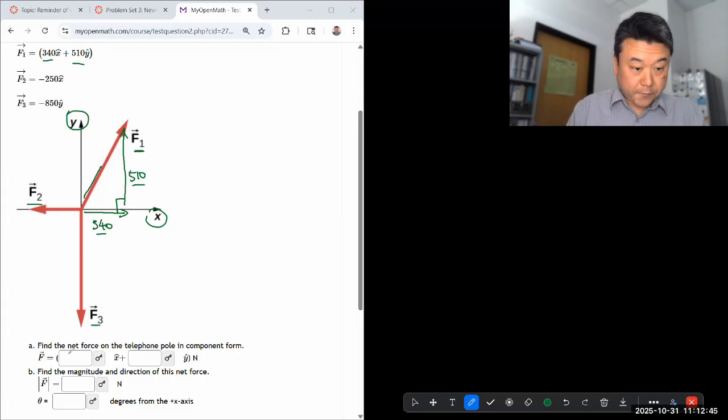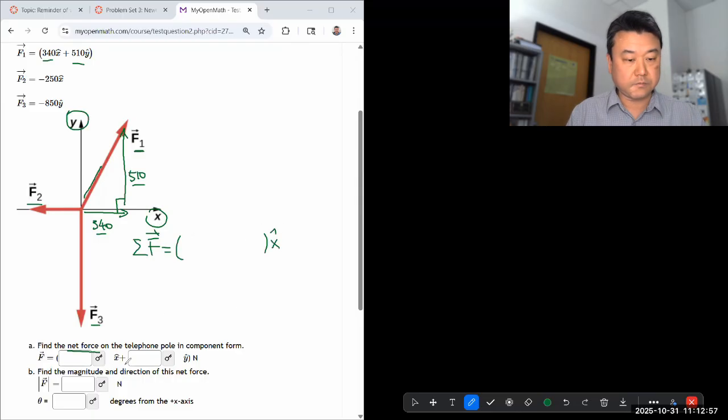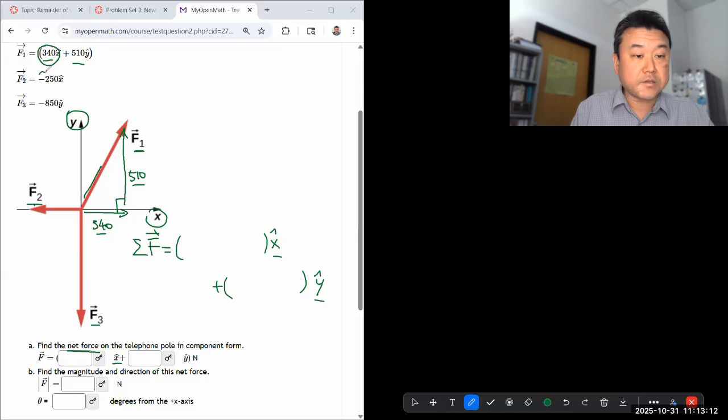So for the net force, that's pretty simple. Net force as a vector is basically the x component, the x hat component, plus the y hat component. And I already have what looks like a free body diagram here. For the x component, I added the x components of forces. So 340 Newton minus 250 Newton, 340 minus 250.